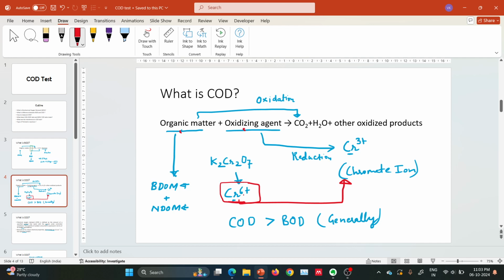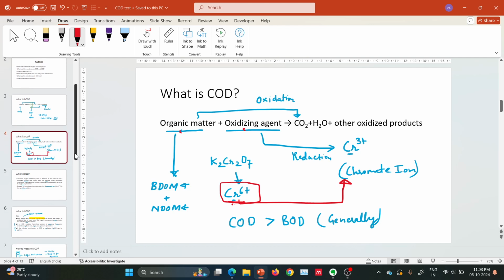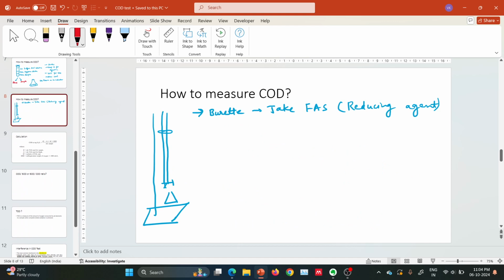What will FAS do? FAS will reduce the leftover Cr6 plus to Cr3 plus form. We will understand it in the next slide. So for the blank, what is happening? Majorly Cr6 plus, let's say it was 100% in the digestion solution.